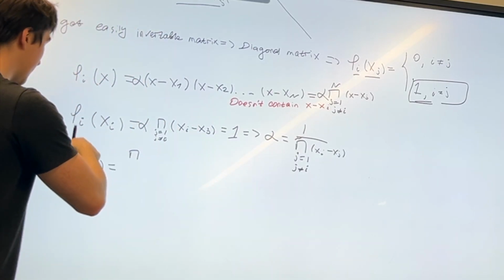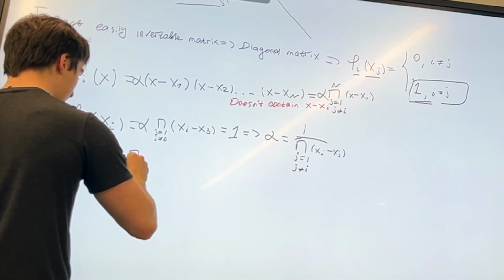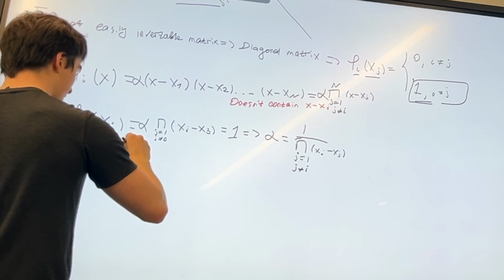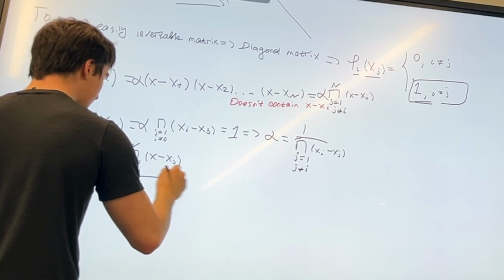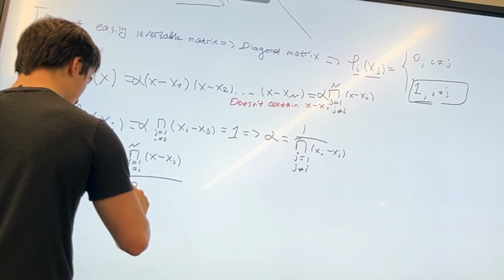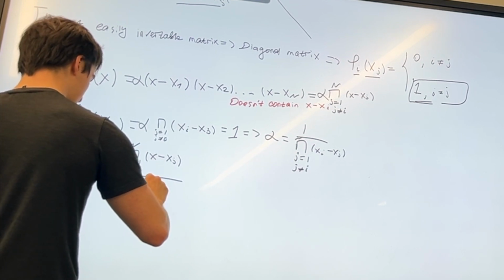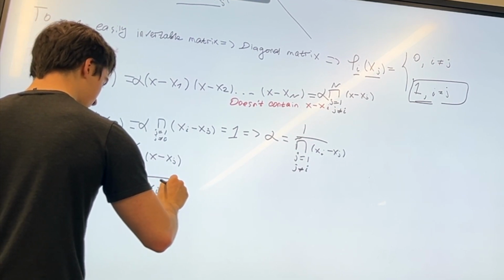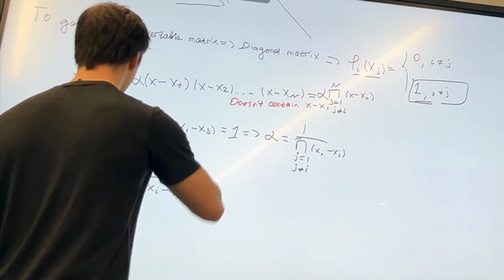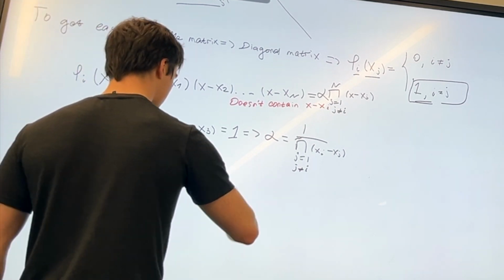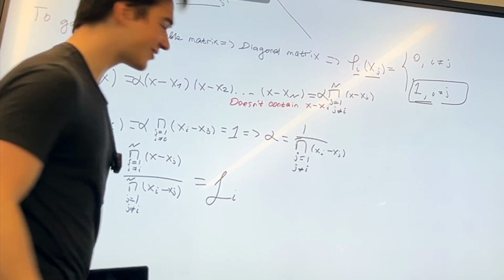Therefore, our function phi i will be equal to the product from j equal to 1, j not equal to i, to n of x minus xj, divided by the product over j equal to 1, j not equal to i, to n of xi minus xj. And let's call this function Li, from Lagrange interpolation.